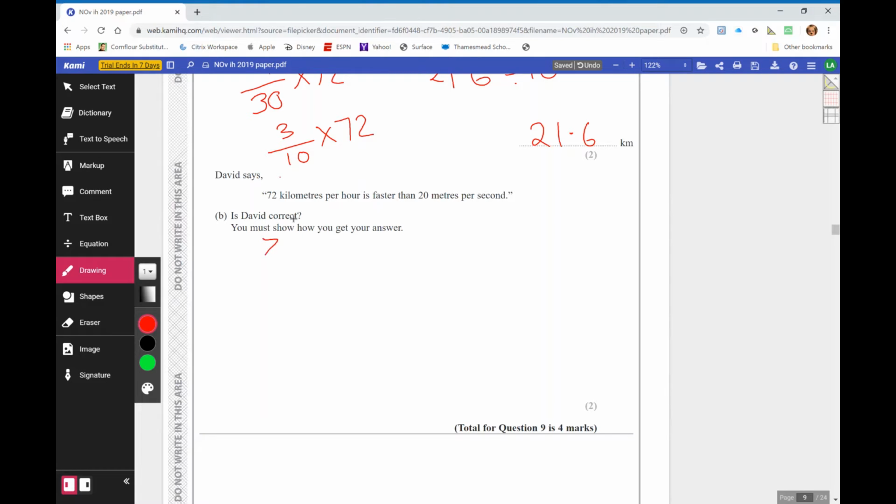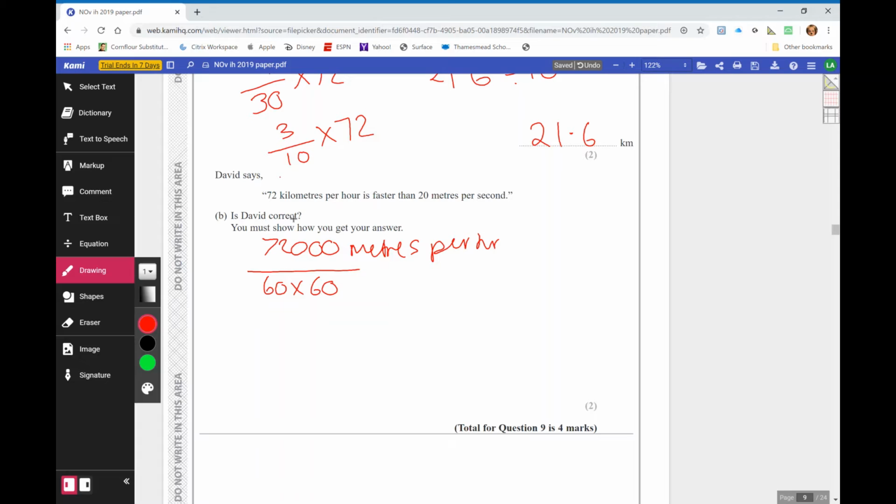Well, you times it by 1,000 to get how many metres per hour. Now metres per hour, but we want it in seconds, so then hours to seconds is 60 times 60, so you'd have to divide this by 60 times 60.